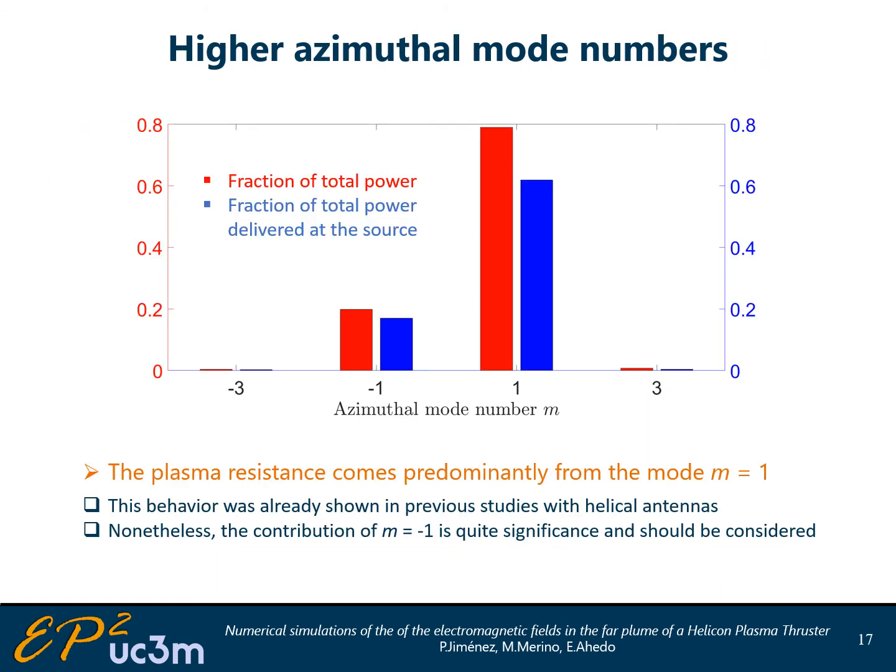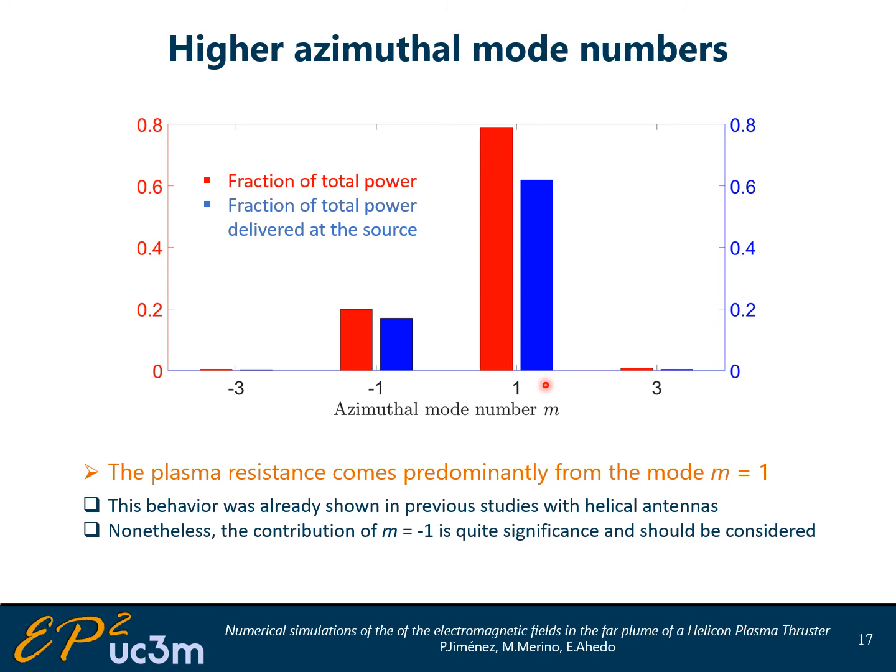This figure shows the fraction of total power and the power delivered at the source for different azimuthal mode numbers. So remember that we are performing a Fourier series expansion in the azimuthal direction to account for the fact that the antenna current density is a 3D function, but we are working with 2D simulations. And what we see is that the mode m equal 1 is the most important. This has already been shown in several works for Helicon sources.